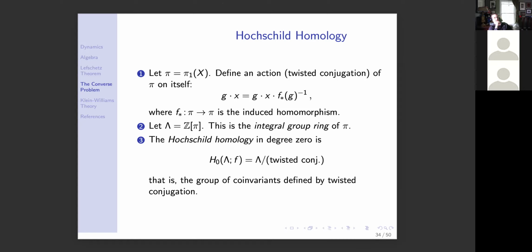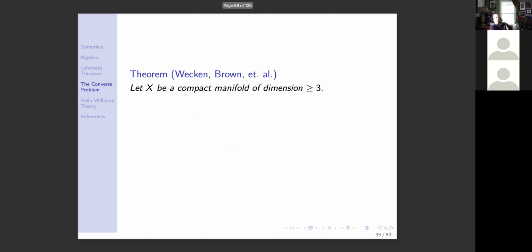What you do is you take lambda and divide out by the twisted conjugation relation. It's the group of coinvariants defined by twisted conjugation on lambda. So this is Hochschild homology. Let's remember for the subsequent slides that there's this Hochschild homology, which depends upon the action of the self-map on the fundamental group.